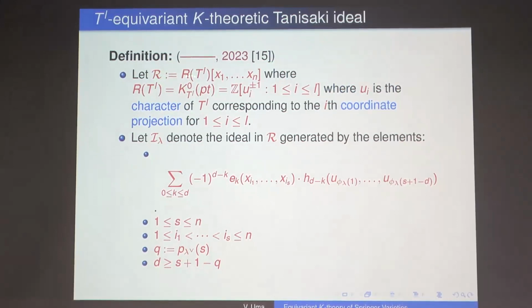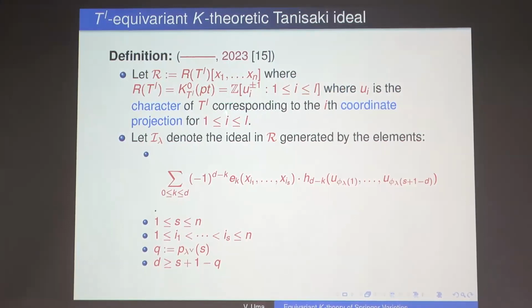So the coefficients here are, instead of H star BTL, we are taking the representation ring of TL, which acts on F lambda, and the polynomial ring in n variables, which we call x1 to xn. So RTL is nothing but the representation ring, the Laurent polynomial ring in exactly L number of variables.